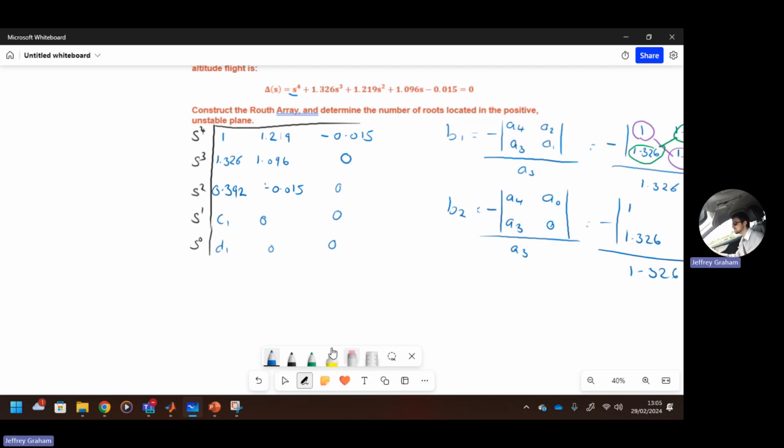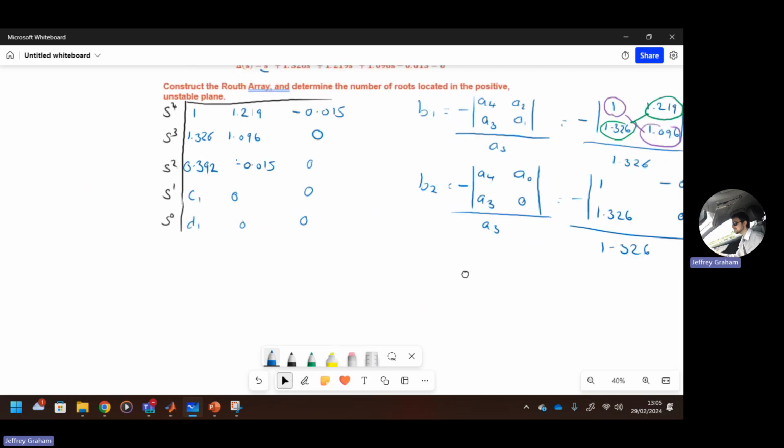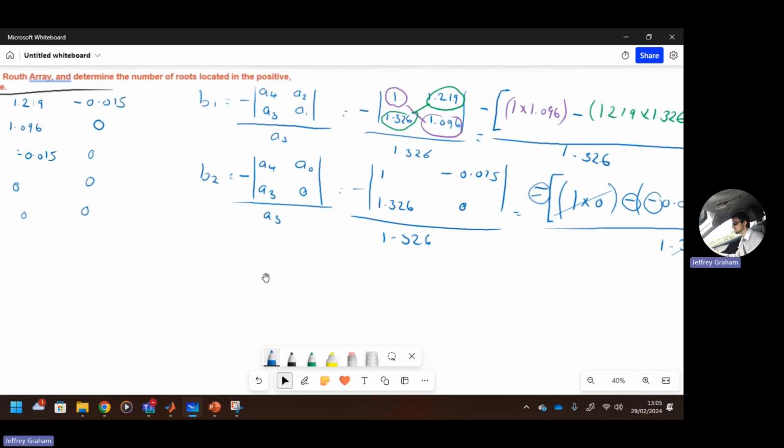We've now got B1 and B2. So into C1, it's exactly the same concept. So scribble that formula down. It starts taking the 2 rows above.